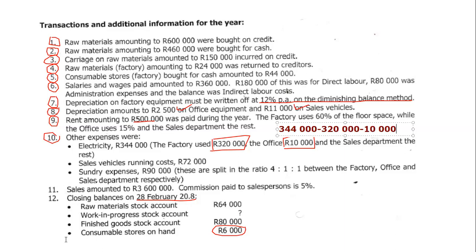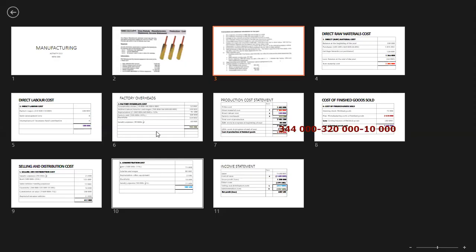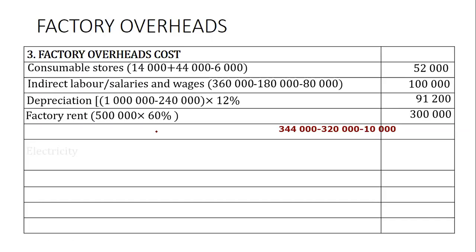I'm going to do that quickly. I will start with my factory. This is what I will have, 320.